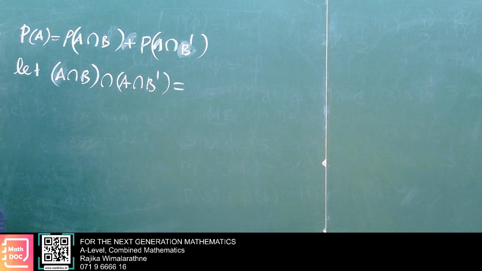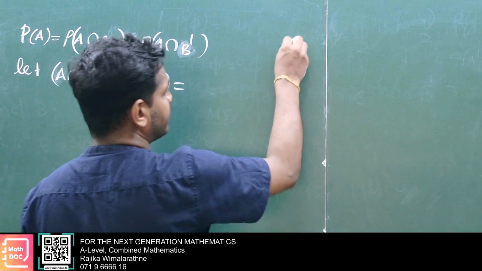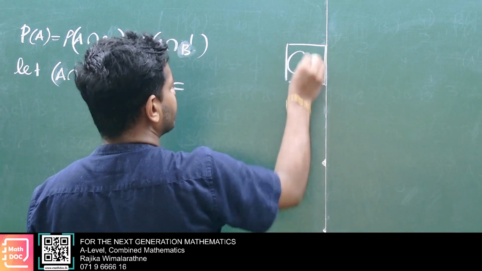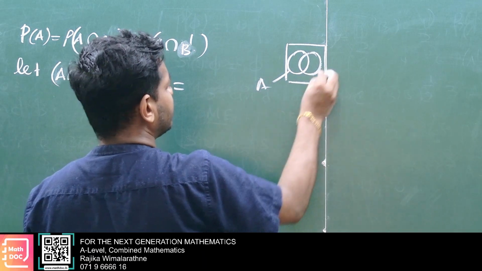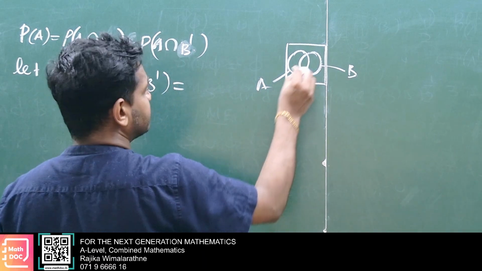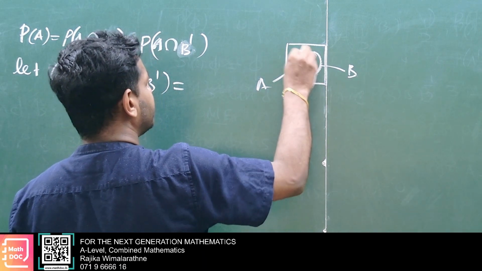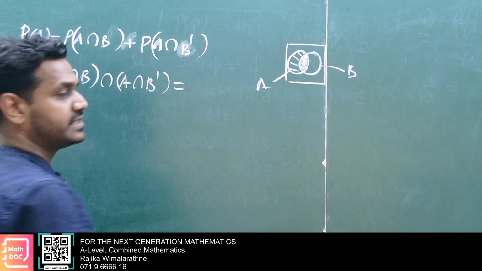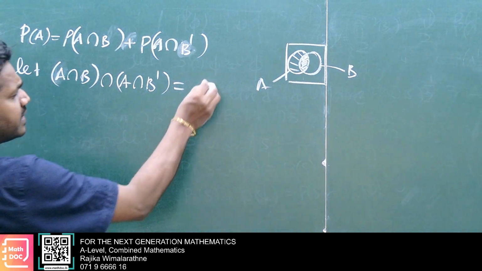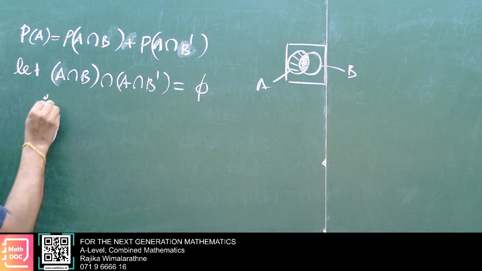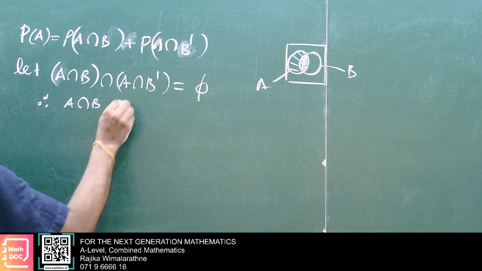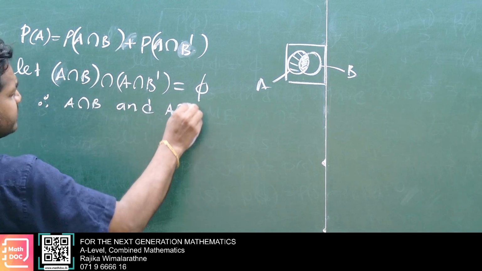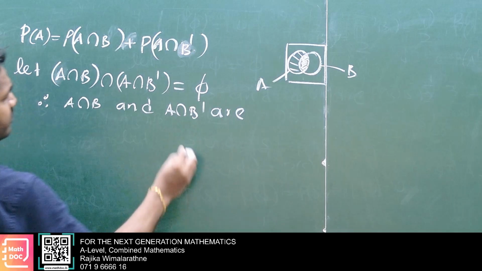You see here the Venn diagram. Here A, here B. A intersection B is this. A intersection B dash is this. Then they don't intersect, no? Then null. Therefore we say A intersection B and A intersection B dash are mutually exclusive.